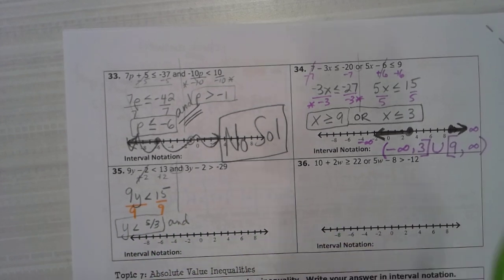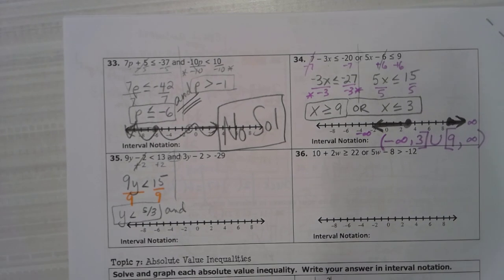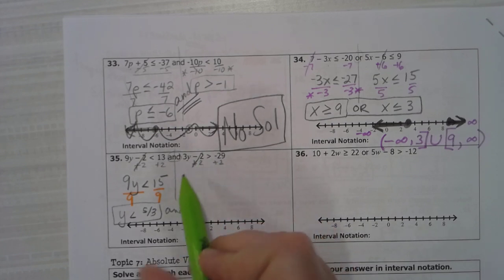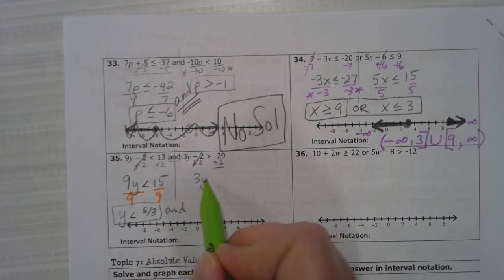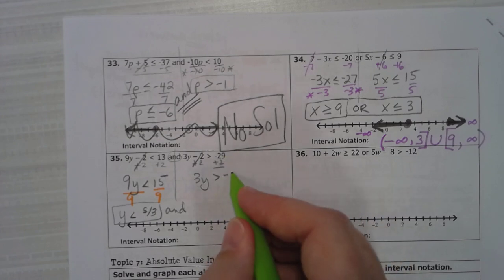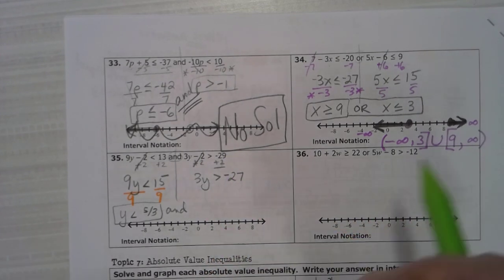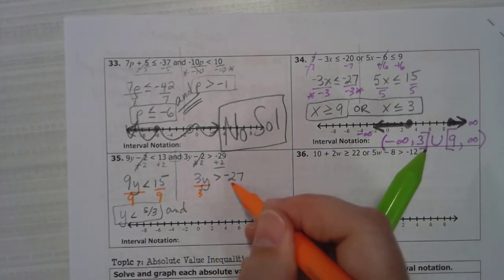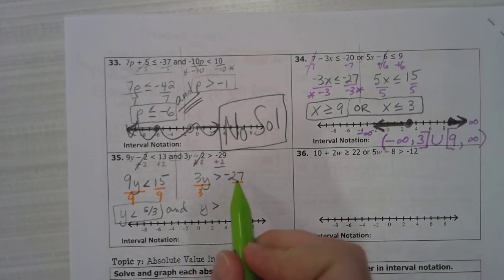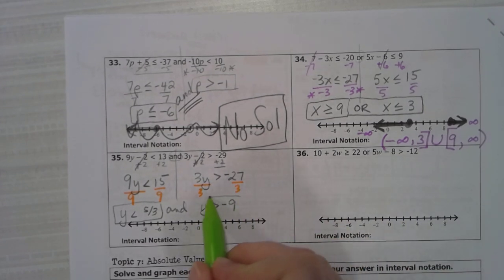And we got an answer from over here on the other side. So again, get y by itself. So the opposite of minus 2 is plus 2. 3y is greater than negative 29 plus 2 is negative 27. Divide by 3. Not dividing by a negative, so we're just going to leave it. Y is greater than negative 9.